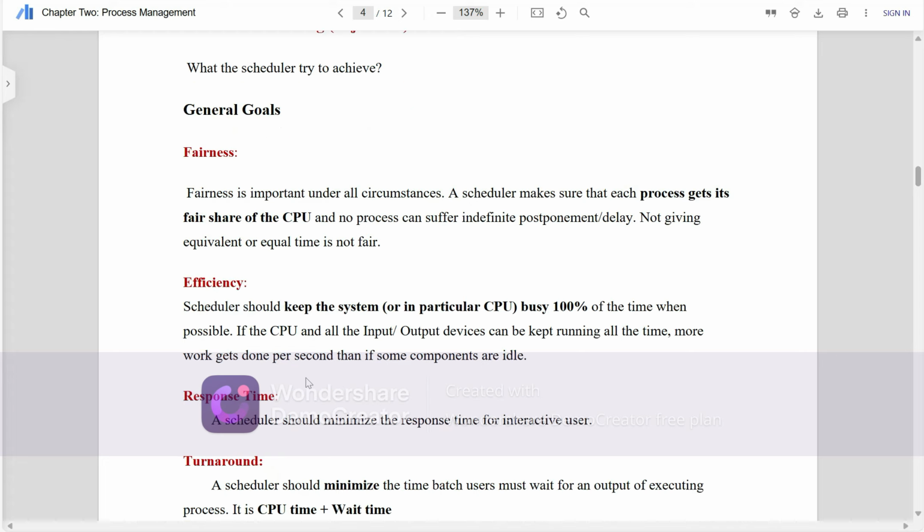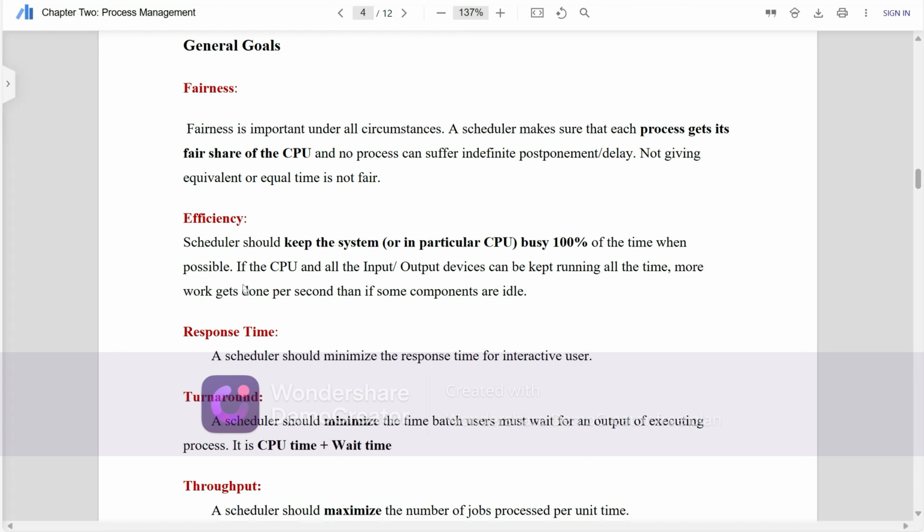The other goal of scheduling is efficiency. When you say the scheduler should be efficient, it should keep the system busy 100% of the time when possible. If the CPU and all the input-output devices can be kept running all the time, more work gets done per second than if some components are idle.